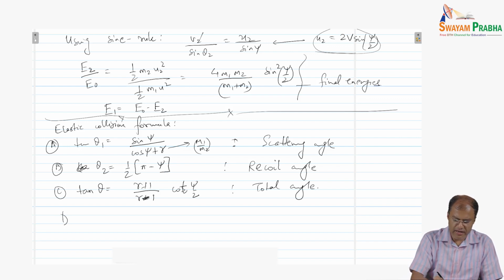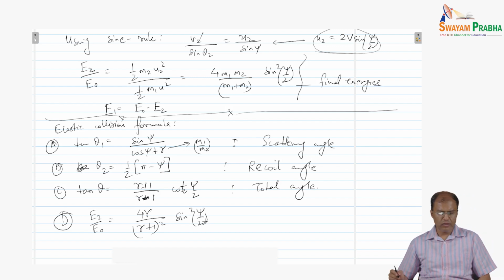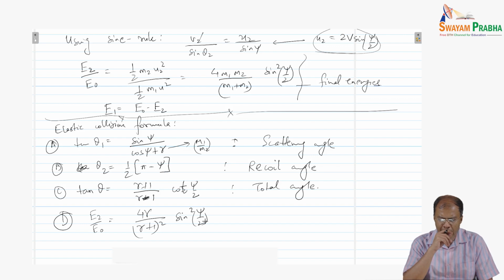And then the final ratio of the energies, E2 by E0, is 4 gamma by gamma plus 1 square sine square psi by 2, right? So this is the ratio of the energies. Of course, E1 is going to be E0 minus E2, and so these are the various formulas for the elastic collision.